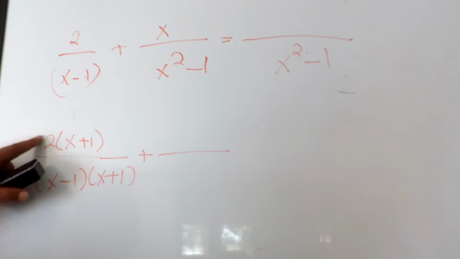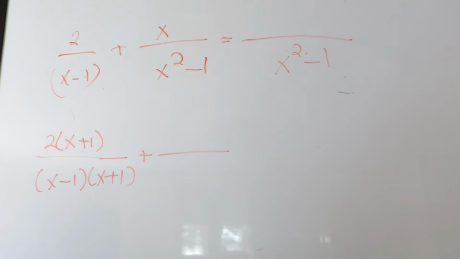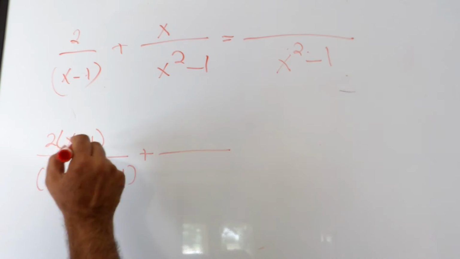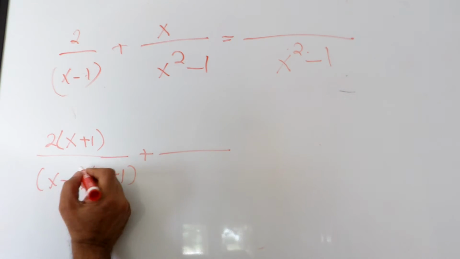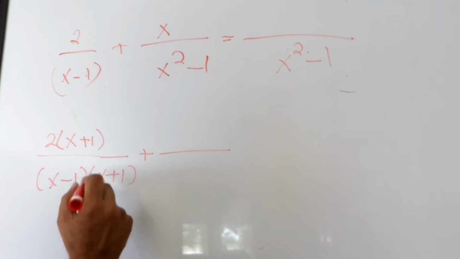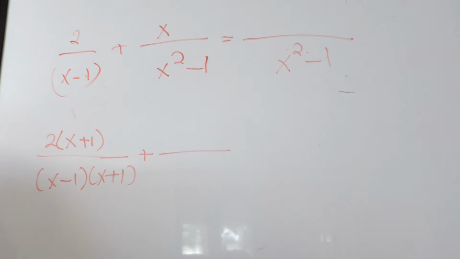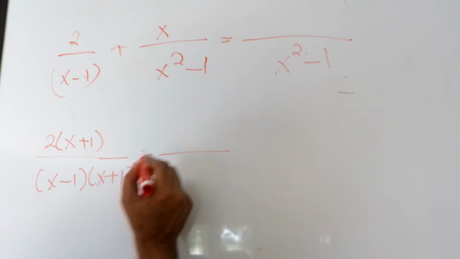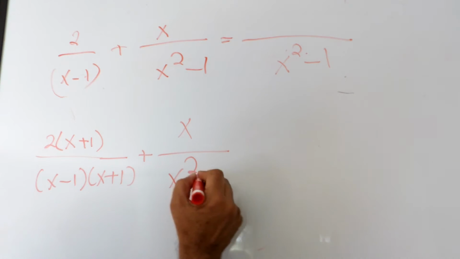We can multiply both numerator and denominator by anything. Make sure that you do it on both the top and bottom, the numerator and denominator. You just don't multiply x plus 1 to the top and not the bottom. So plus x squared minus 1.